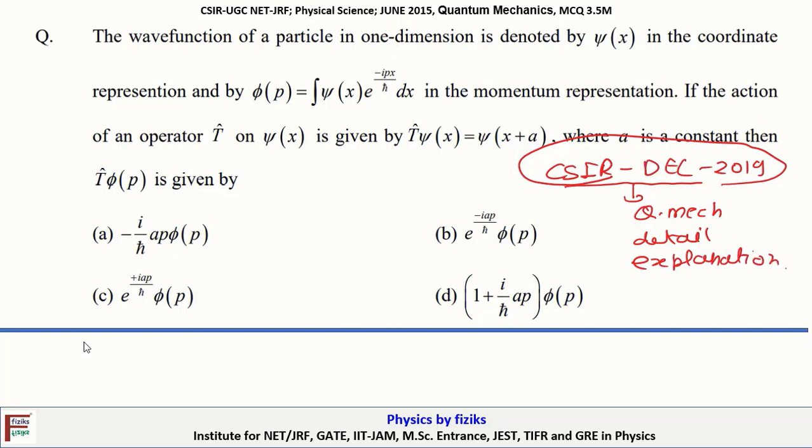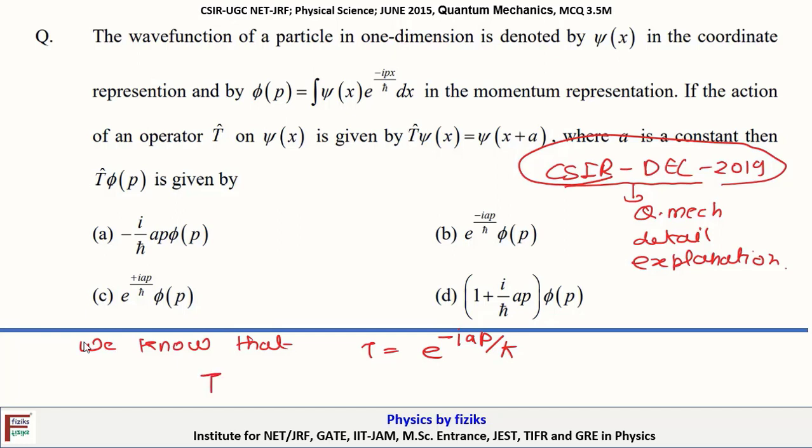The wave function of a particle in one dimension is denoted by psi x in the coordinate representation. We know that the translation operator in general is defined as T equals e to the power minus i a p by h cut.